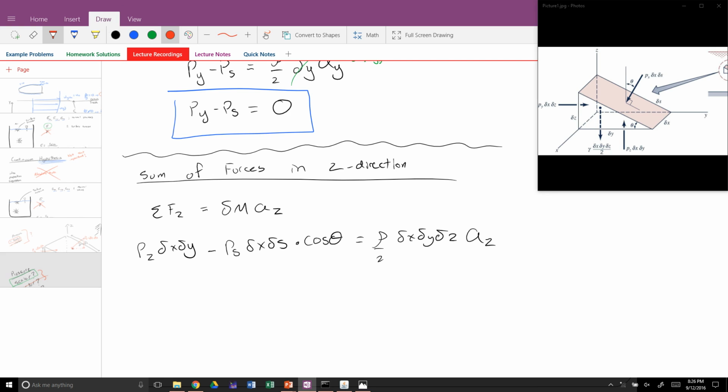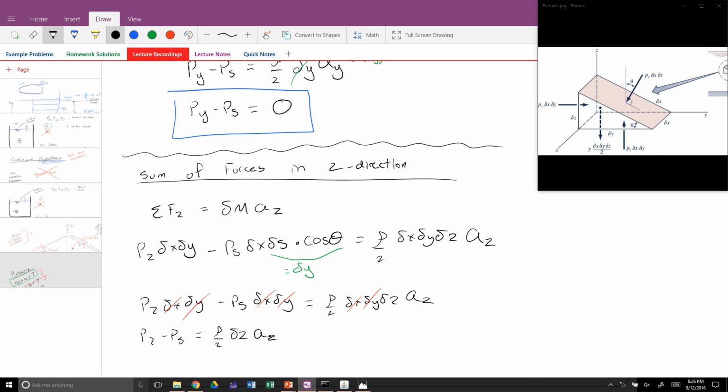Once again, make the substitution here equal to delta Y, leaving us with PZ delta X delta Y minus PS delta X delta Y is equal to rho over 2 delta X delta Y delta Z times acceleration in Z. Perform those cancellations, leaving us with PZ minus PS is equal to rho over 2 delta Z A_Z.